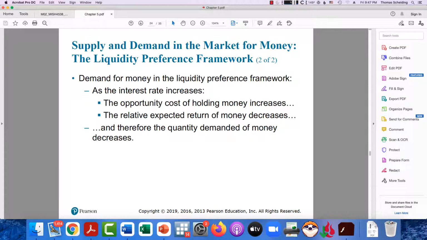Now what this means is that as things are all changing, we are all deciding based on liquidity whether we're going to keep our money as money or move it into bonds. All that is going to be determined by the opportunity cost of holding money, meaning how much of its value could be obtained by investing in something else.